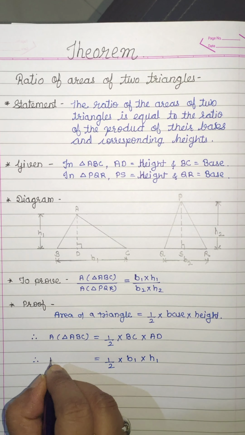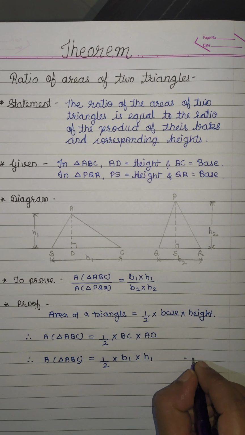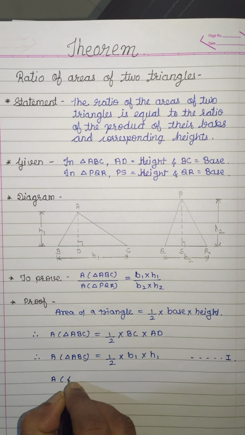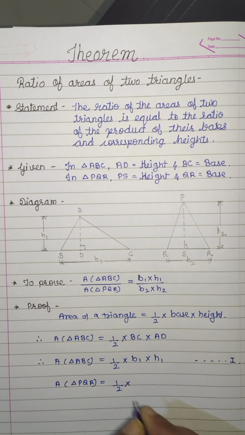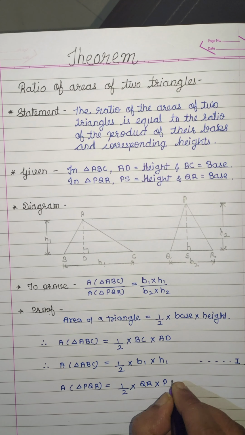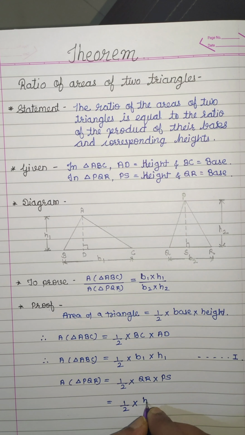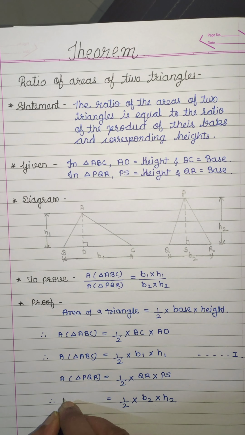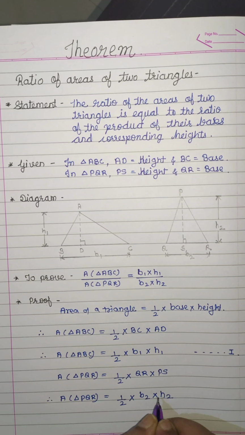So, area of triangle ABC is equal to half into B1 into H1. Similarly, area of triangle PQR is equal to 1 upon 2 into base QR into height PS, which is equal to 1 upon 2 into QR indicated by B2, PS indicated by H2. That is, area of triangle PQR is equal to 1 upon 2 into B2 into H2.